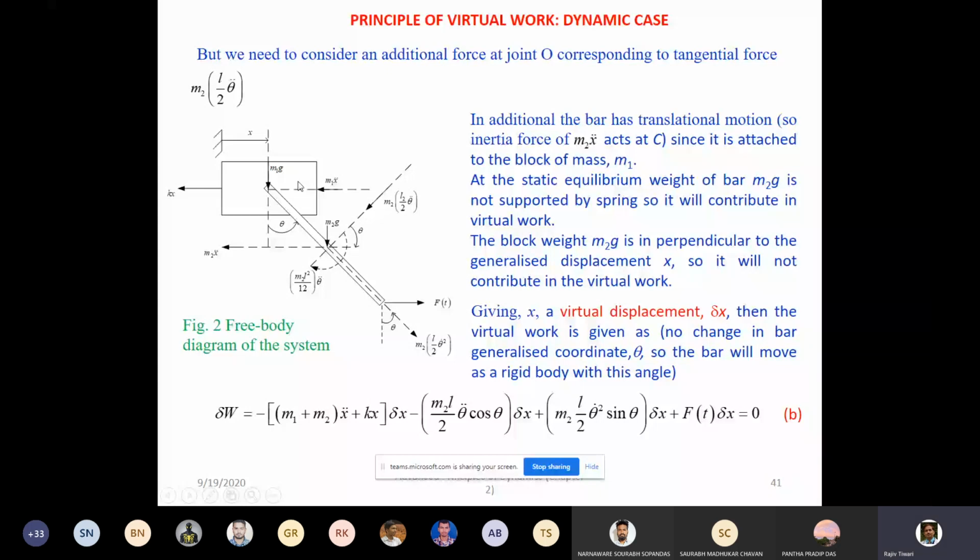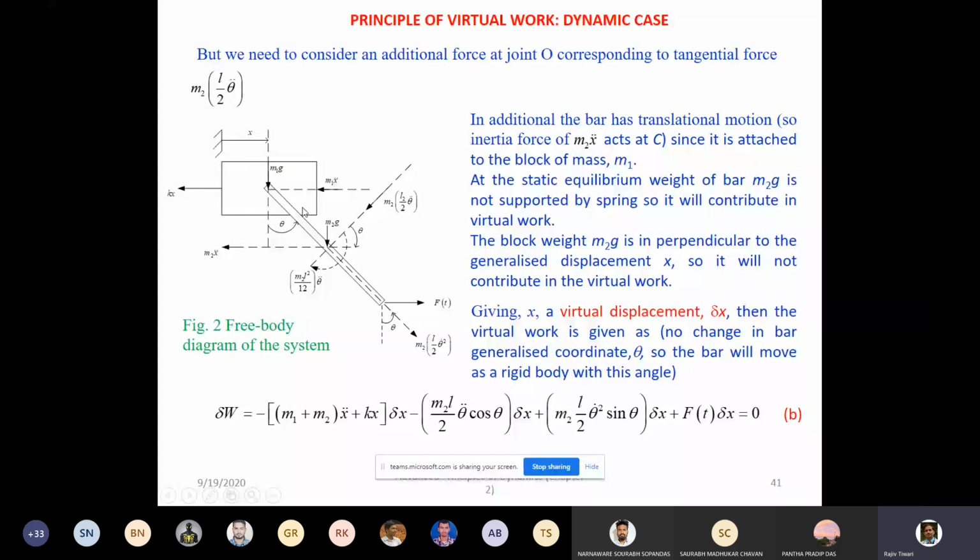And then we need to find out various forces, what work they will be doing. So let us see this. This inertia force will do m1 x double dot delta x virtual work, that will be negative. Similarly, kx will give negative kx delta x work for the mass m1. As I mentioned, the bar also will be having the same displacement.